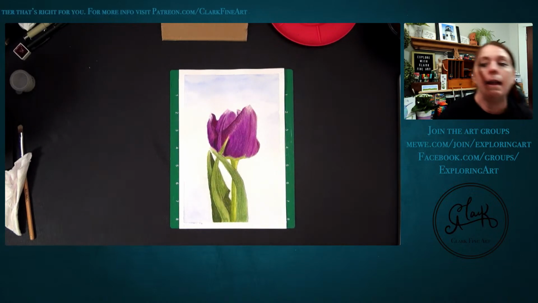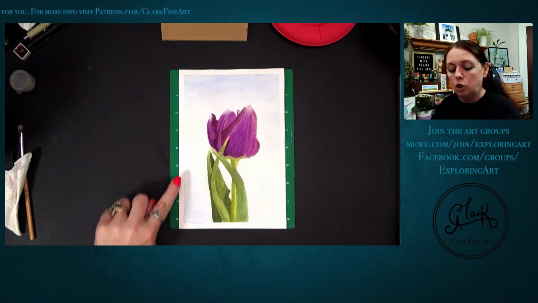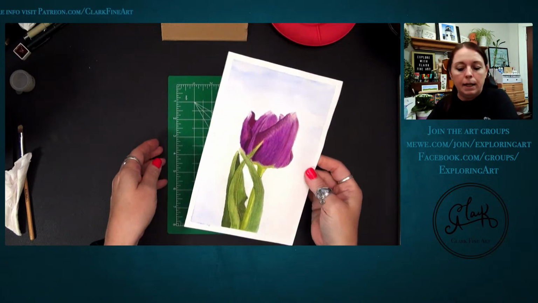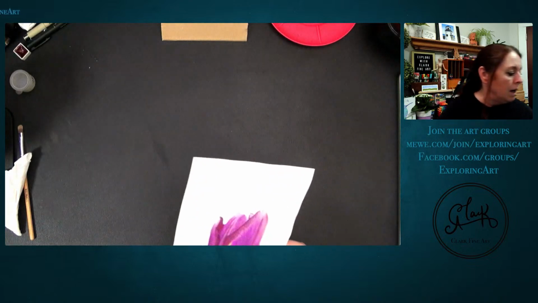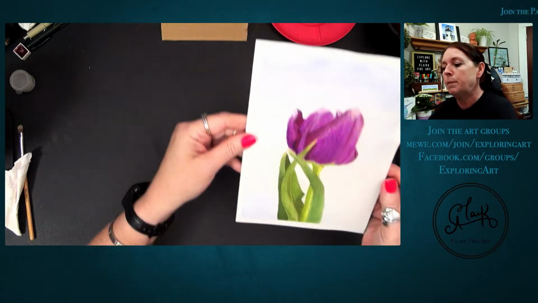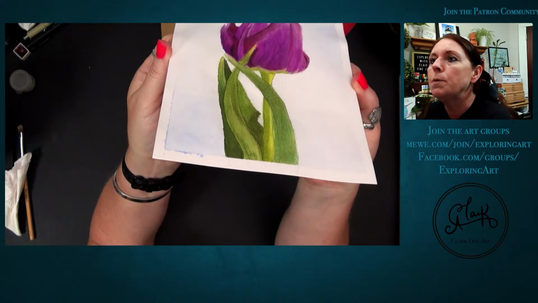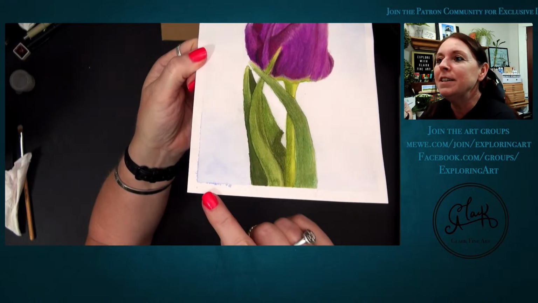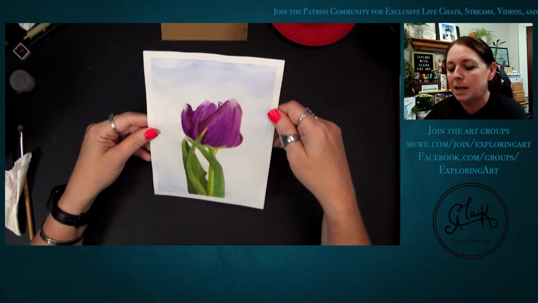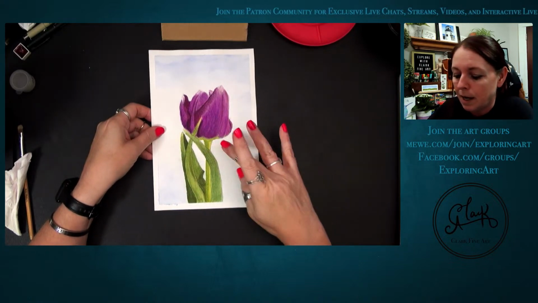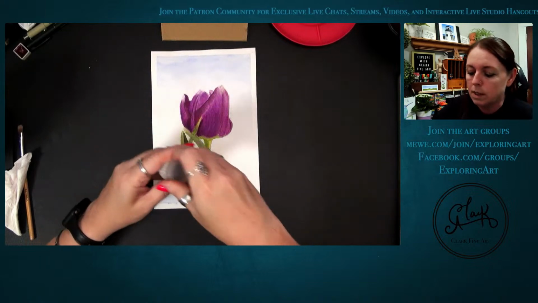I don't get that, and I don't get this, see where it bled? Let me get this out of the way. There's the mat I was talking about. I buy them at the Dollar Tree, which I have to grab some, stick in a box for Tara apparently because she won't be able to get them. So see the little bleed through right there? I don't get that with the soft tape. It just doesn't happen.